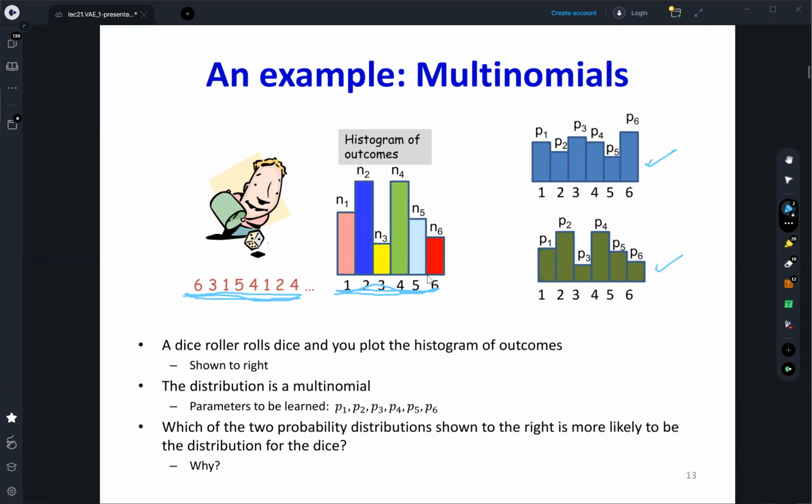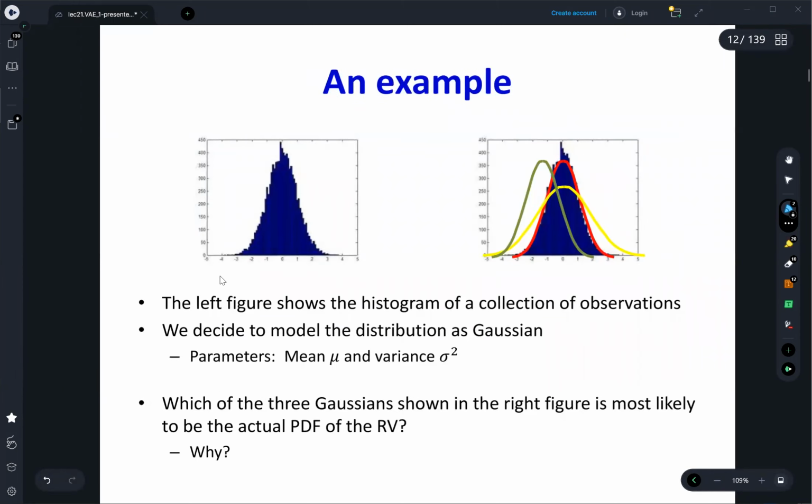So the underlying assumption that you made was that this data that you observed is very typical of the true distribution. And so also over here, you assume that this histogram would be very typical of the distribution that it was drawn from. And so you chose the distribution that best matched this data.